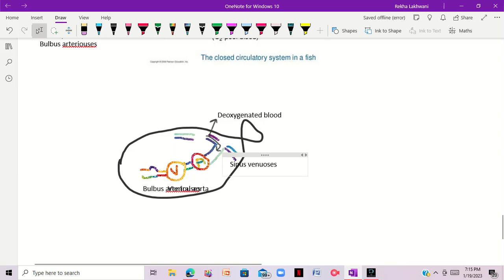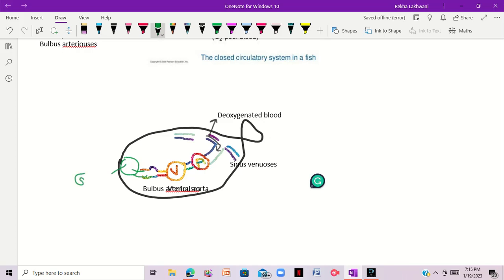Okay, now this blood, the deoxygenated blood, will move to the gills. Basically, here we have gills. Now from the gills, it will move to the dorsal aorta.